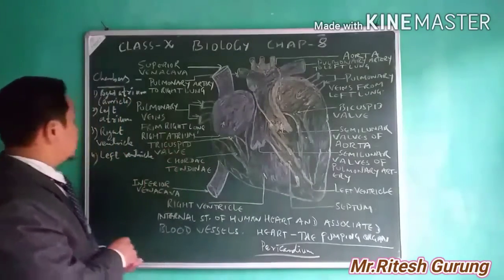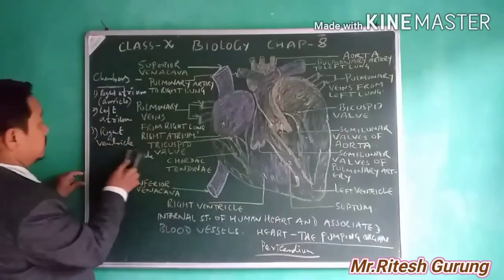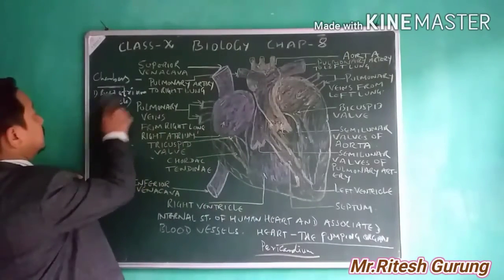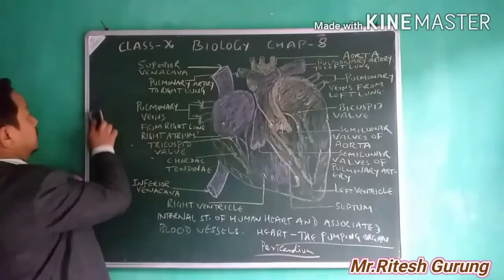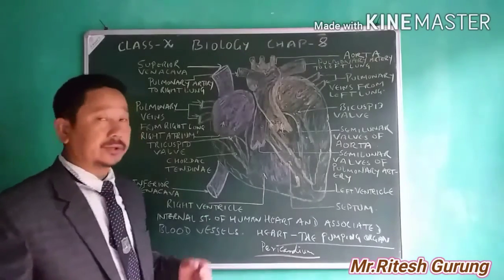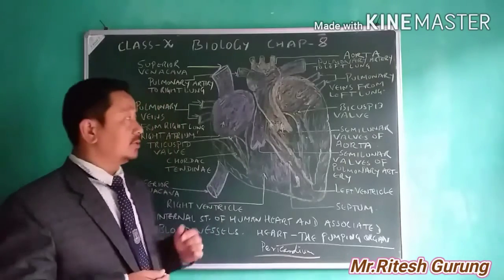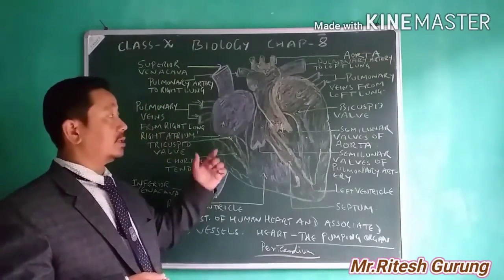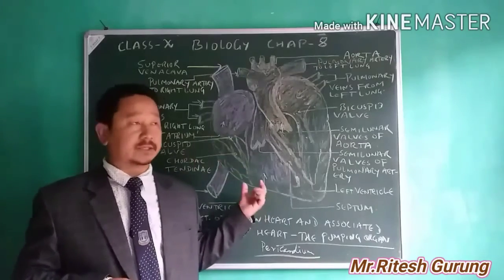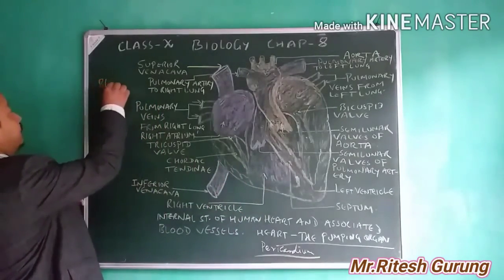Alright, now the other one is your valves. So from this discussion, what you have understood is that there are different kinds of blood vessels.